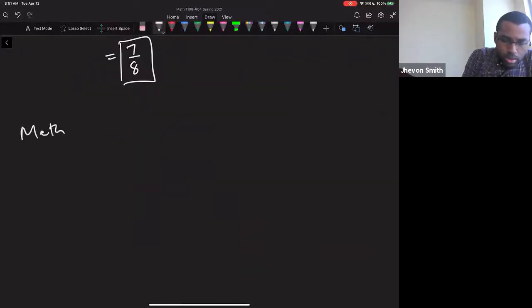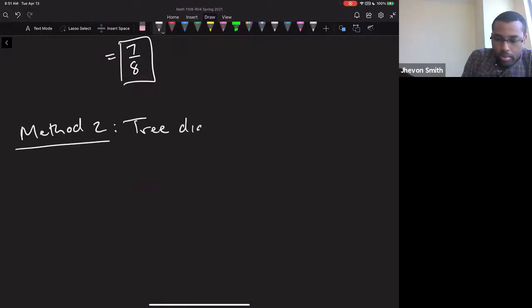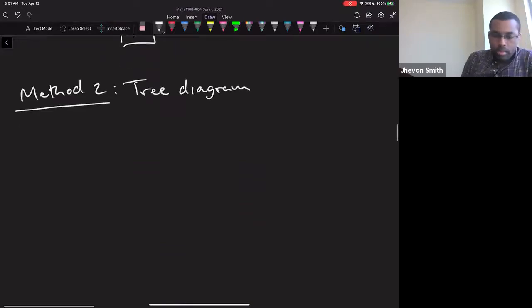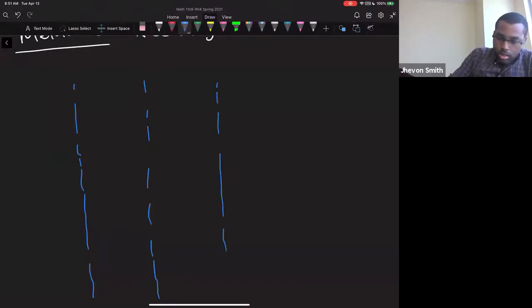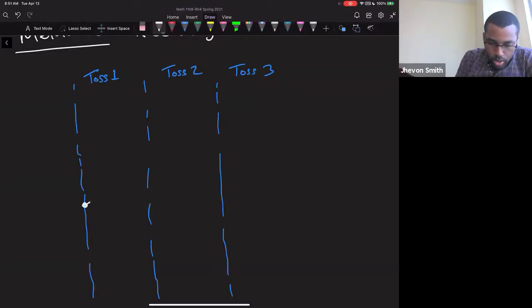Method 2. You can do a tree diagram. We also spoke about this. So this is, say, toss 1, toss 2, toss 3. Okay, so toss 1 can go 2 ways, heads or tails.